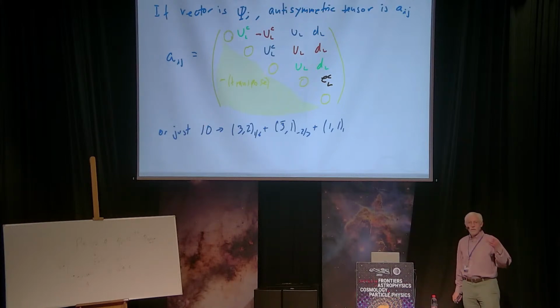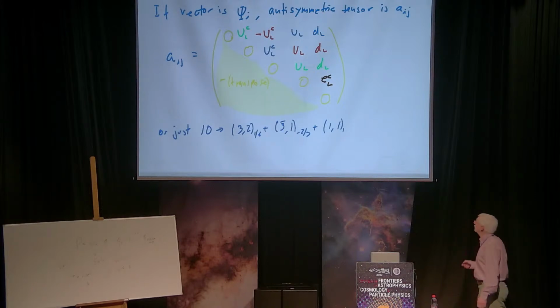By the way, an antisymmetric 5 by 5 matrix has 5 times 4 over 2 elements, so that's 10. So this 10-dimensional representation has the quark doublet, the right-handed up quark charge conjugated, which is that, and then the right-handed electron charge conjugated, which is that.